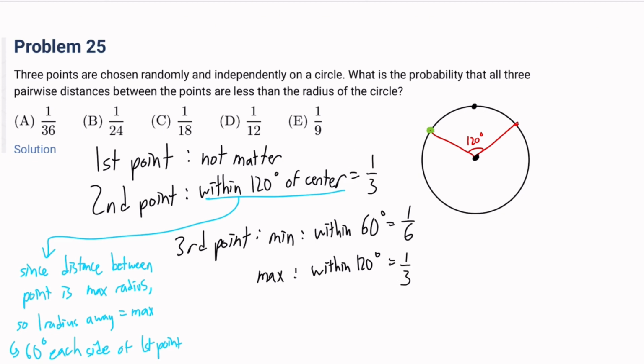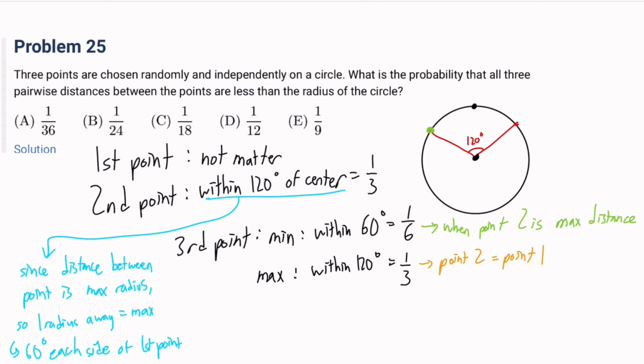And so this is when point 2 is at the max distance, and the maximum is when point 2 equals point 1, right?